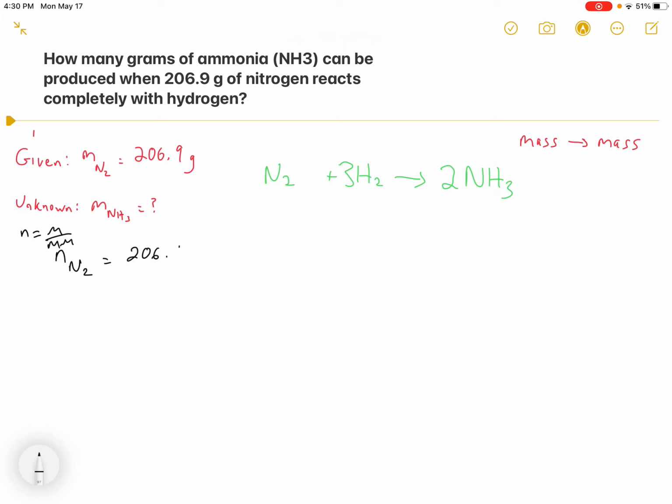So 206.9 grams divided by 28.013 grams per mole. Since the molar mass of one nitrogen atom on its own is about 14 grams per mole, if we have 2 of them, it's going to be 28. When you plug these numbers into your formula, you're going to see that around 7.39 moles of nitrogen are what we put into this reaction.